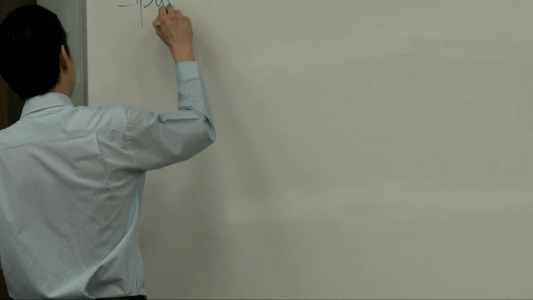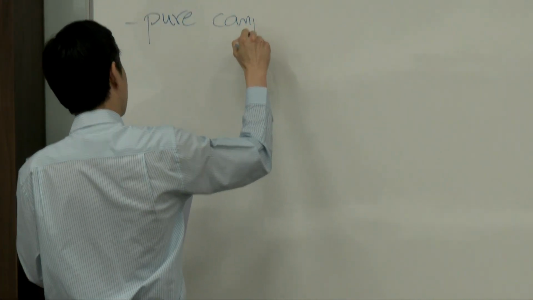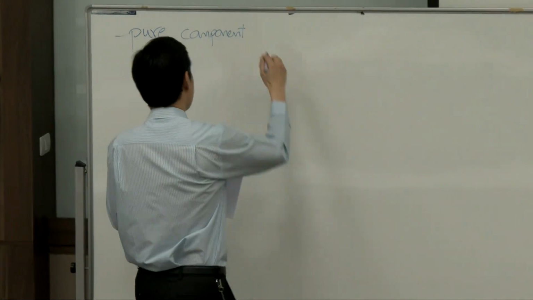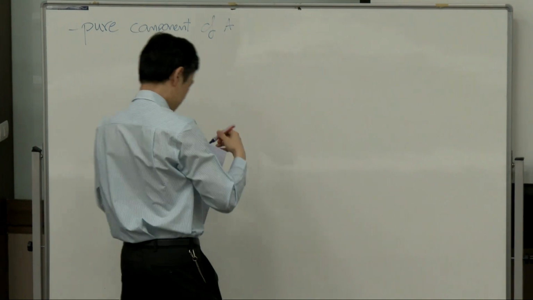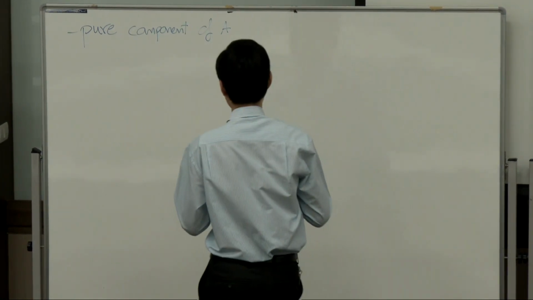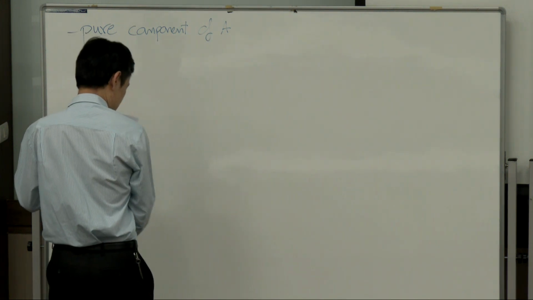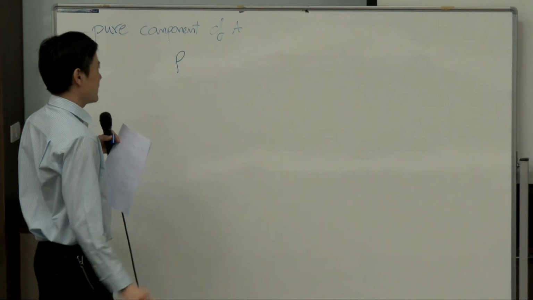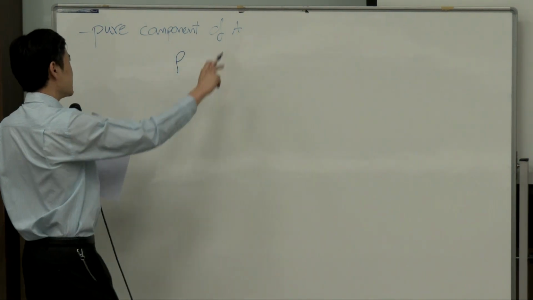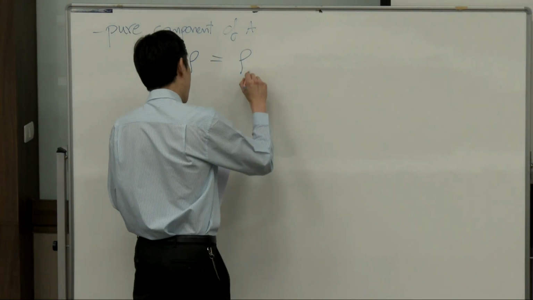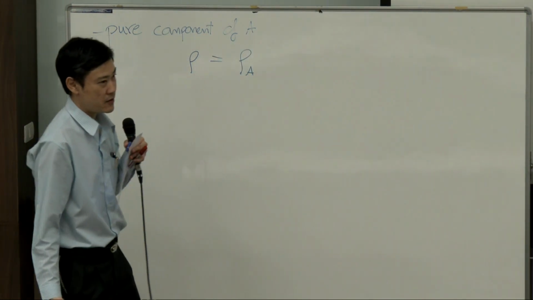So if I start with a pure component, let's say of species A. If I pick a variable, density, in this case, because the system is a pure component of A, this density can be written as density of A, doesn't matter.